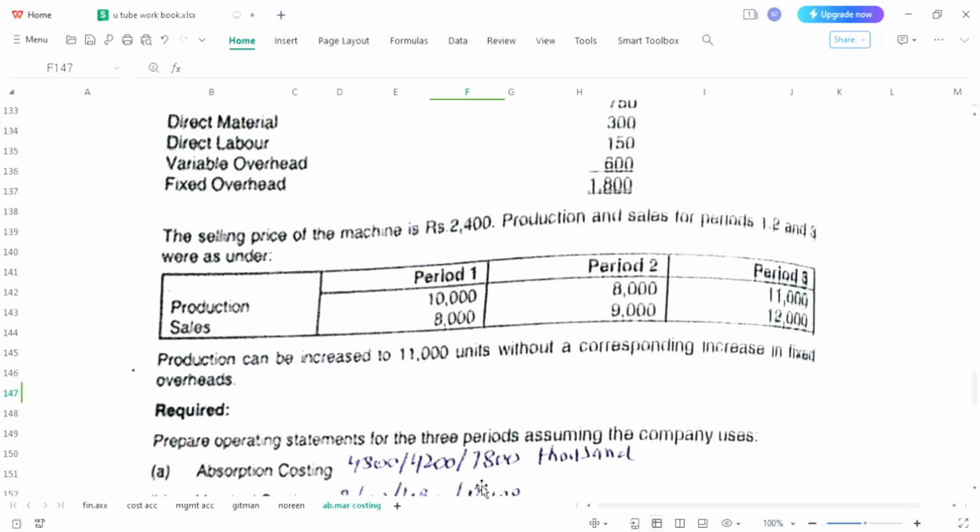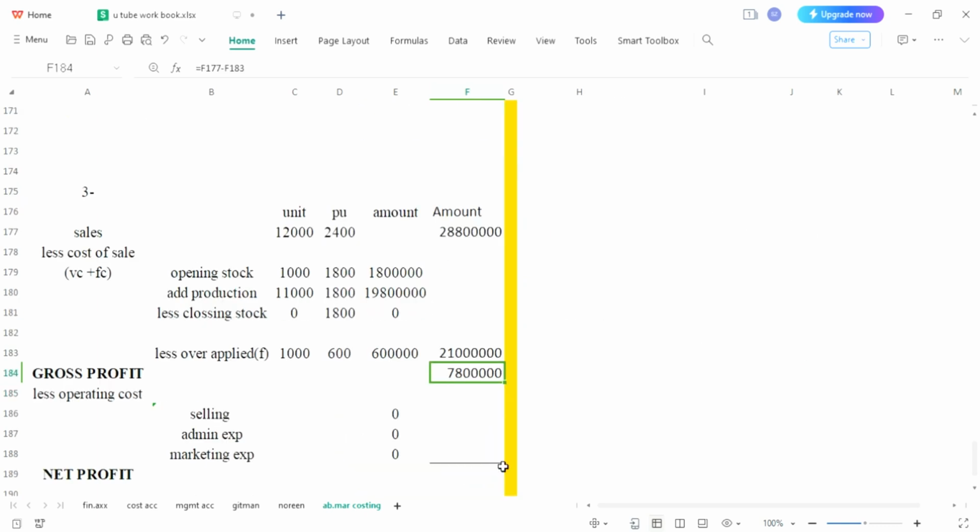For the third part, you can see your absorption costing. Third part 7800,000. So we have got our 7800,000, as there is no selling admin. Selling admin was 0. And to calculate net margin, you will subtract selling admin from gross profit. Gross profit was 7800 less nothing.